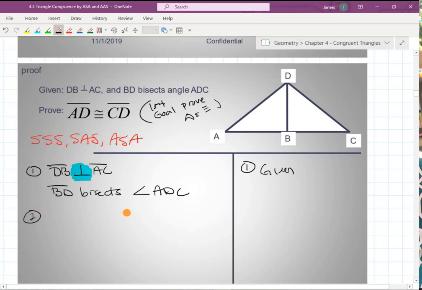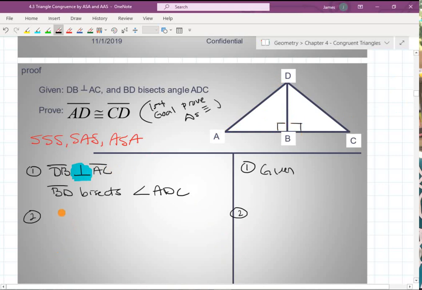Okay, so it's perpendicular, right? So our reason will be definition of perpendicular lines. But what do perpendicular lines create for us through the definition? Okay, so those are what kind of angles? Right angles. So we know based through that definition that angle there and that angle there are right angles, correct?